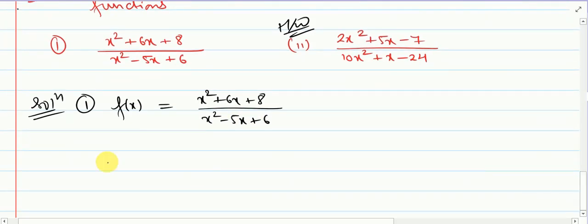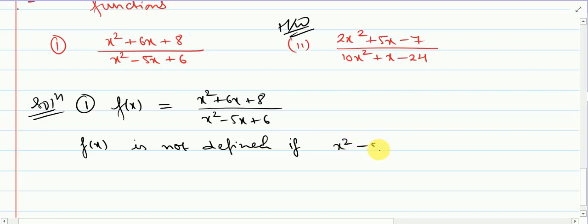So f of x is not defined if x square minus 5x plus 6 is equal to 0. Yes, this is a quadratic equation. You can factorize it. So here we have 1, here we have plus 6. So 1 into this, we are getting 6.